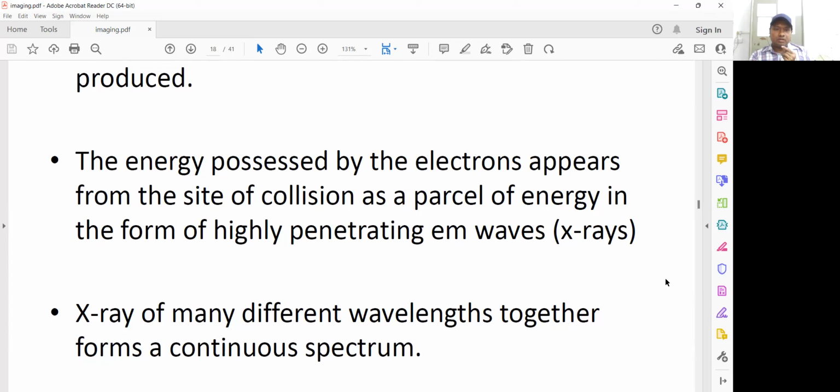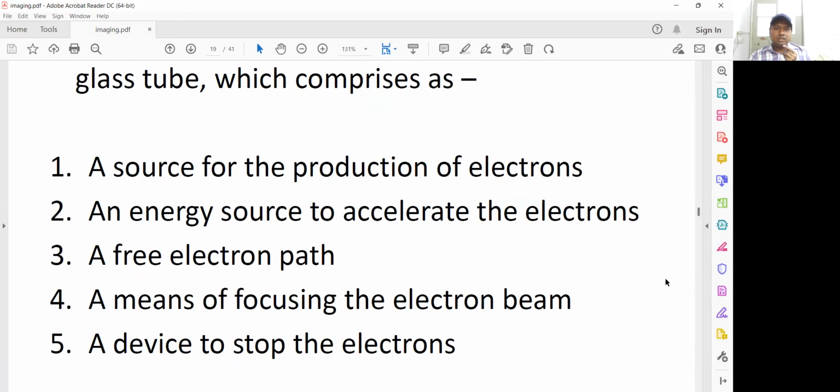X-rays are produced in a specially constructed glass tube. Inside the glass tube there is a source for the production of electrons, an energy source to accelerate the electrons, a free electron path, a means of focusing the electron beam, the beam collimator, and a device to stop the electrons.